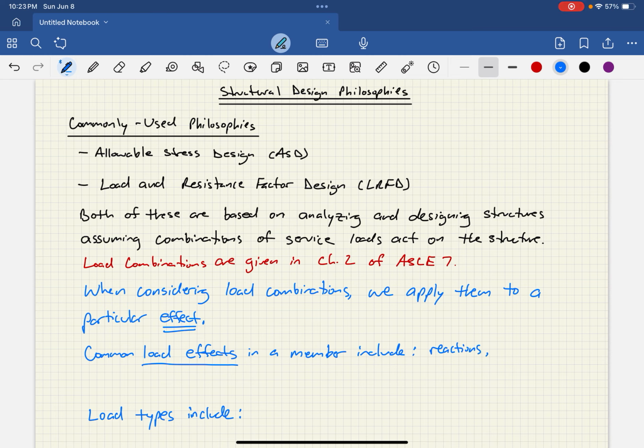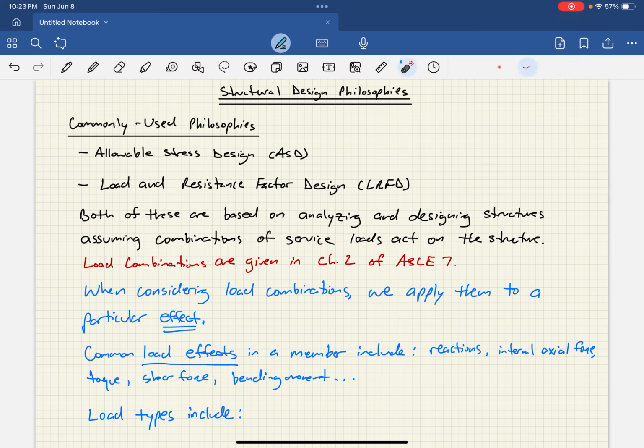It could be internal axial force. It could be internal torque. It could be internal shear force, or it could be internal bending moment, okay? Write all these down. So these are all common types of load effects.